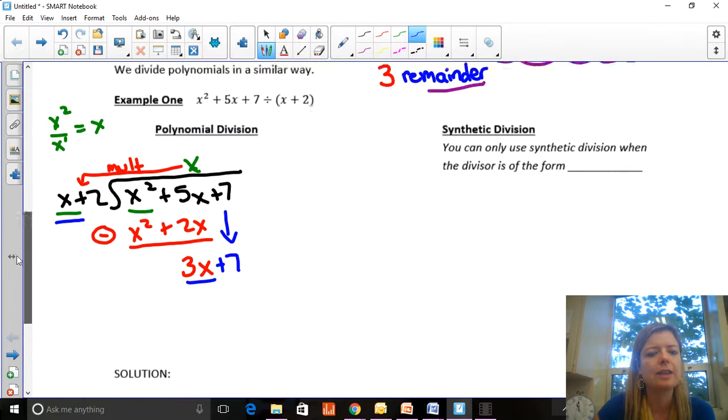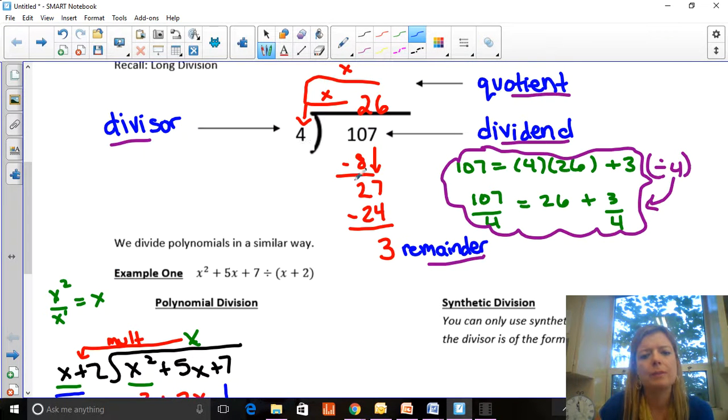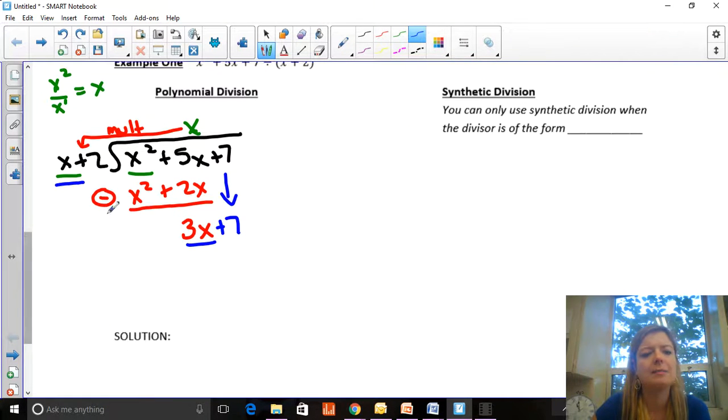So again, just like up here, when we had this 27, okay, we said how many times does 4 go into 27 now? So that's what we're doing down here. How many times does x go into 3x now? And it's 3 times. So we write plus 3, okay, to get that.